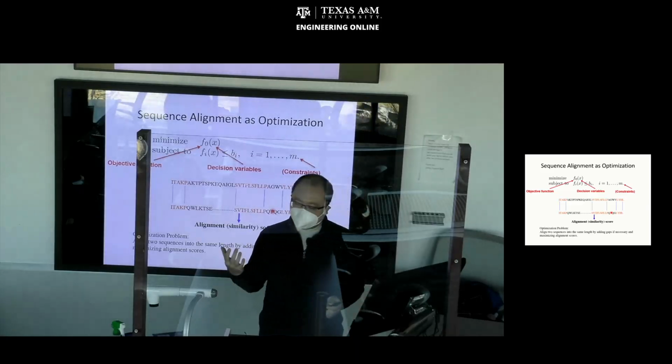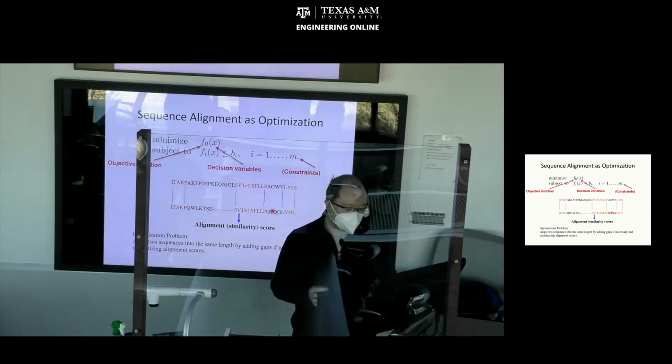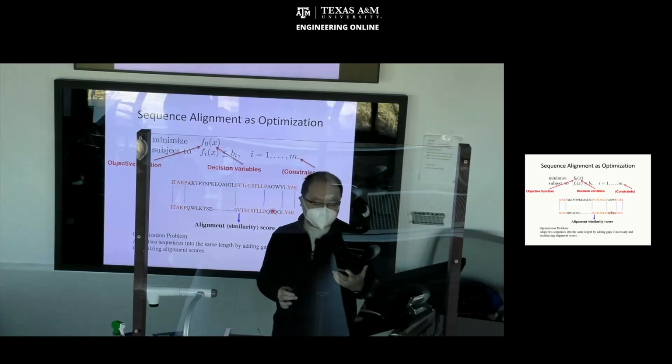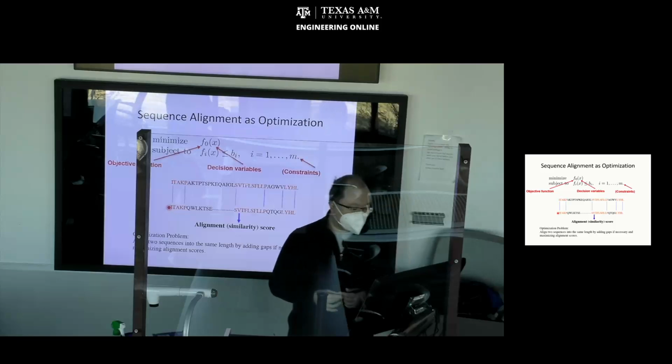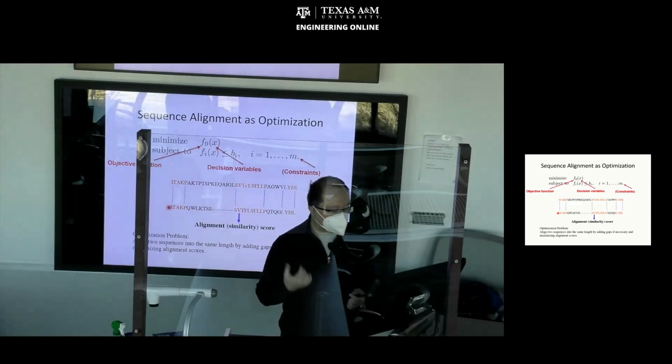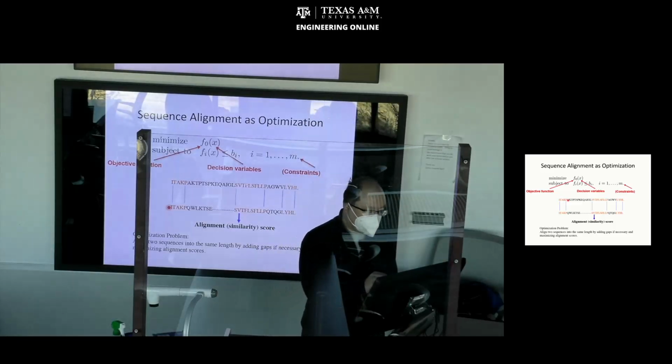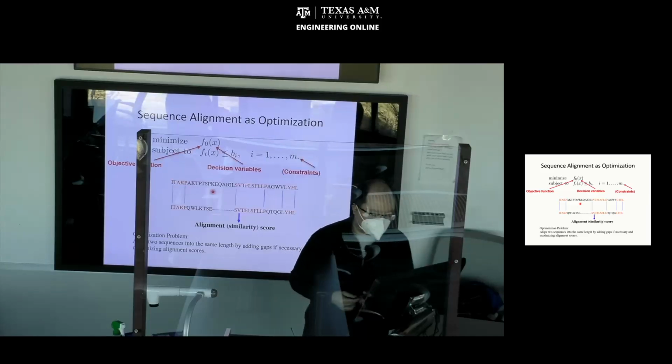You could define it in different ways. Remember how you define things to be identical or similar among the different amino acids. But let's start with the simplest one. Whenever we see an aligned pair of amino acids or letters being identical, we say that's a +1. Whenever you see a mismatch, or a gap aligned to a character, that's a 0.